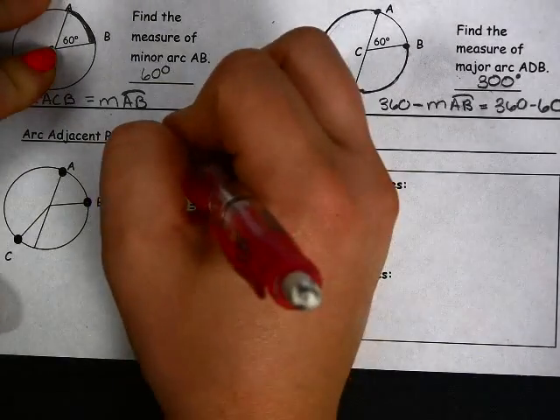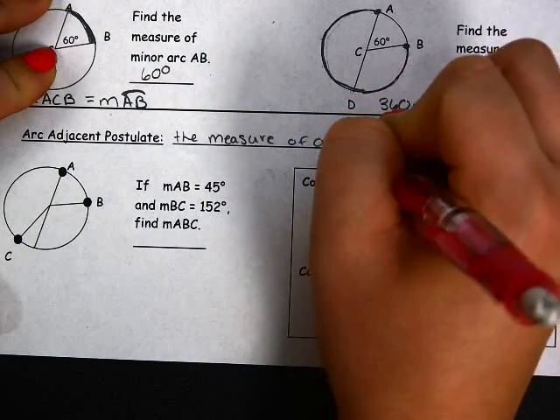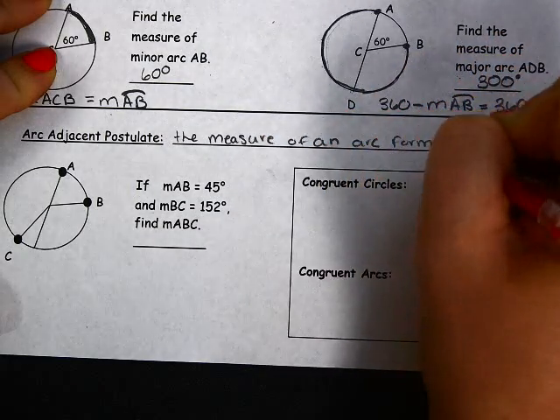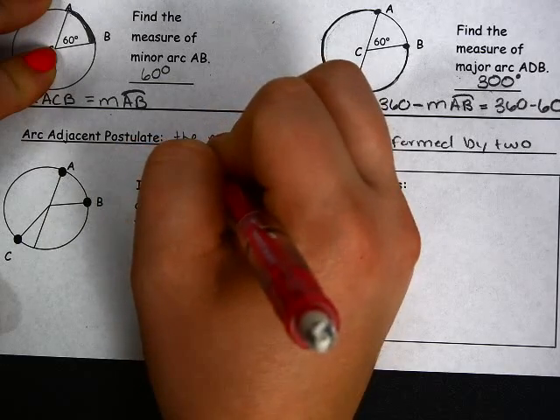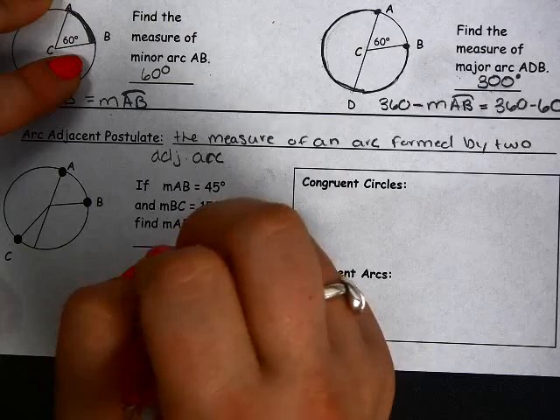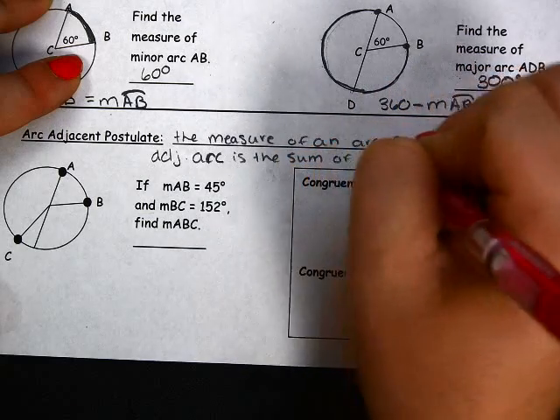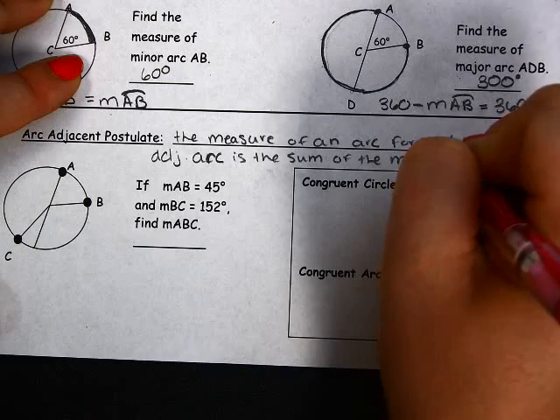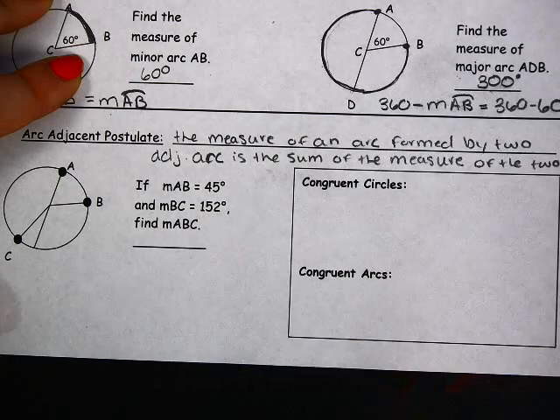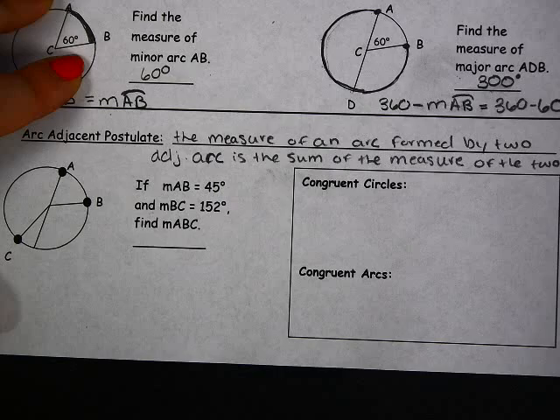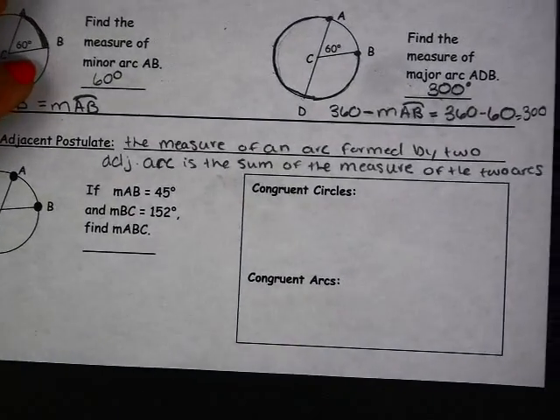The definition states the measure of an arc formed by two adjacent arcs is the sum of the measure of the two arcs. Okay, when you read that, you're like, what is that saying?